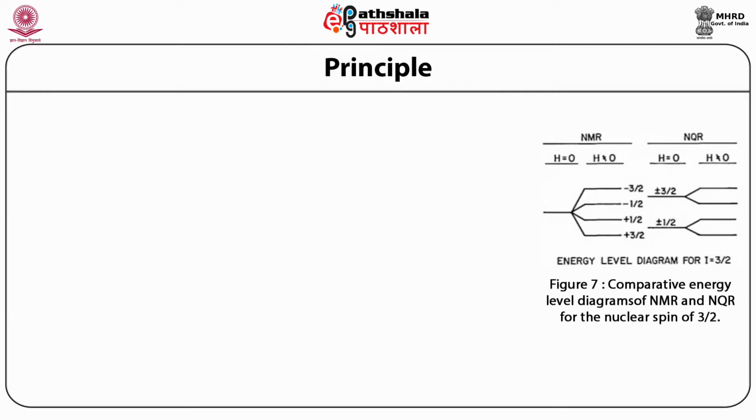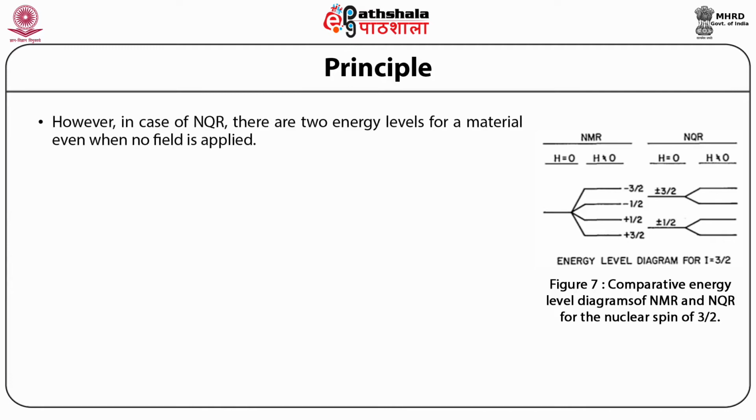This figure shows the comparative energy level diagram of NMR and NQR for the nuclear spin of 3/2. In case of NQR, there are two energy levels for a material even when no field is applied.